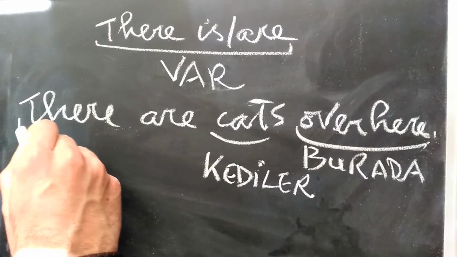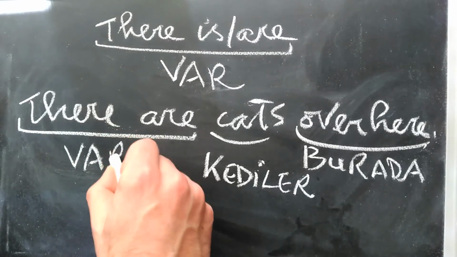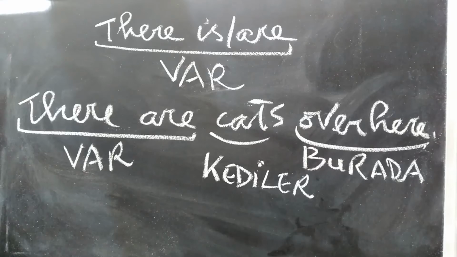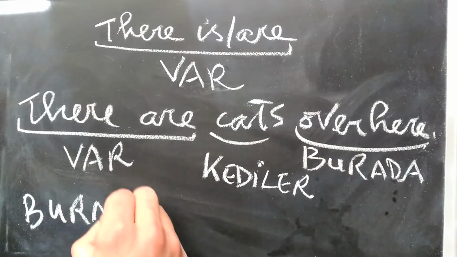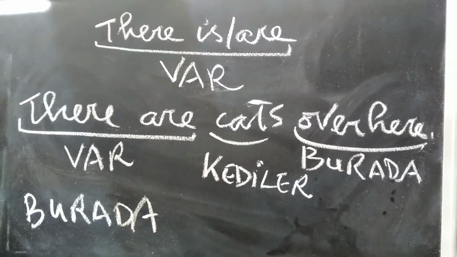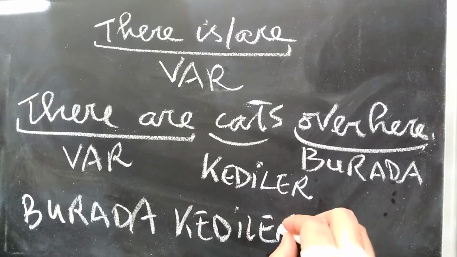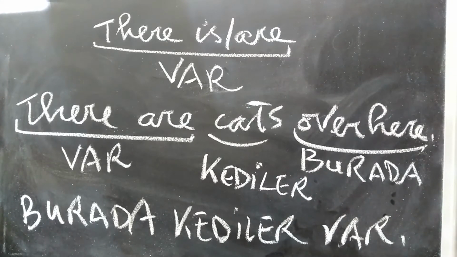And then there are, if you remember, is var. So our sentence is there are cats over here. We start with location. Burada kediler var. Okay? Burada kediler var.